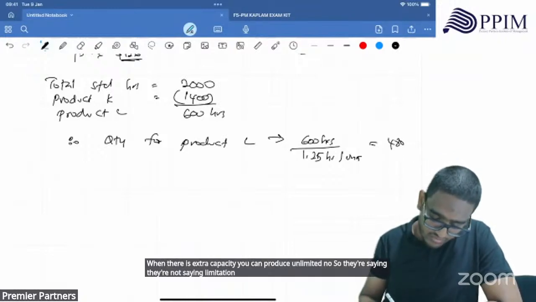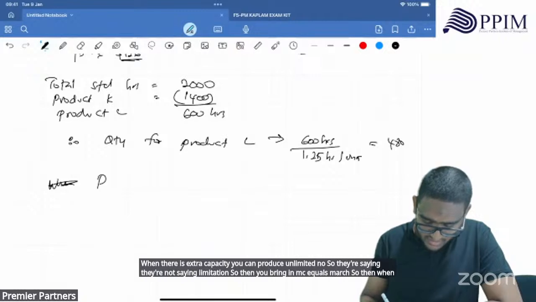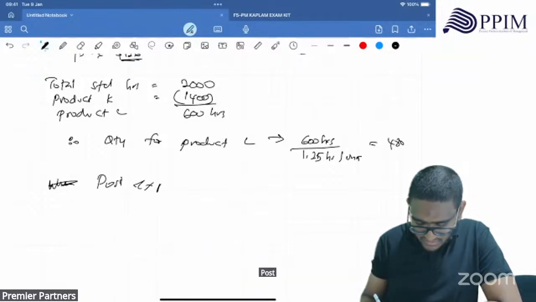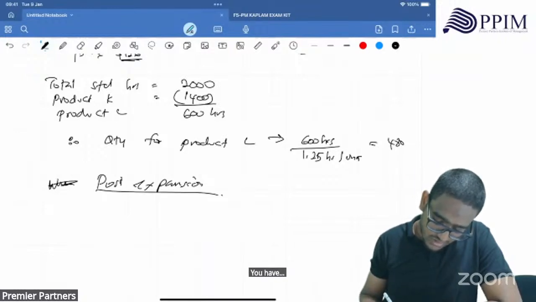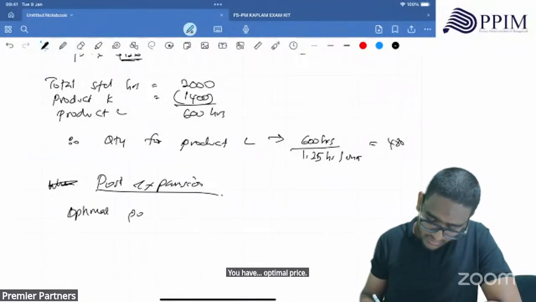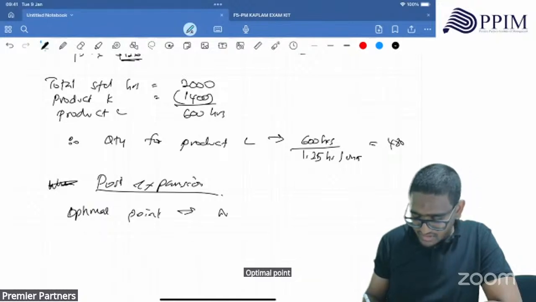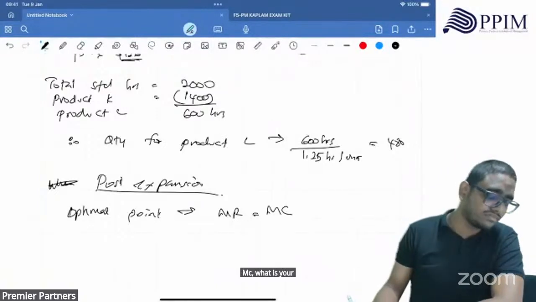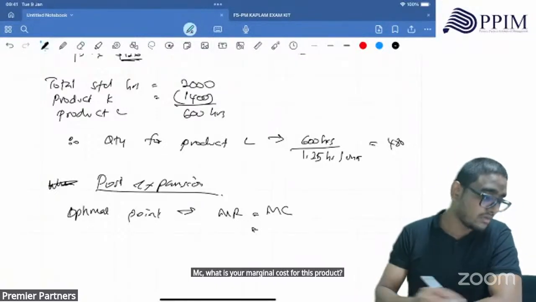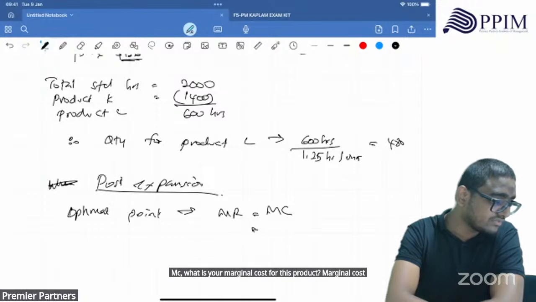So then you bring in MC equals MR. Post expansion, the optimal point is where MR equals MC. What is your marginal cost for this product? Marginal cost for the product was given as 45.